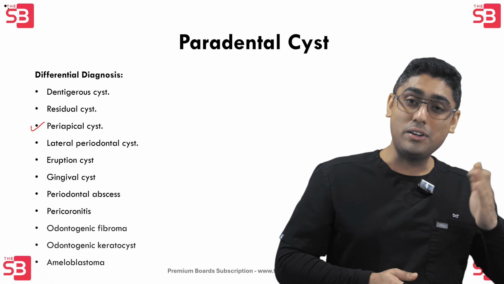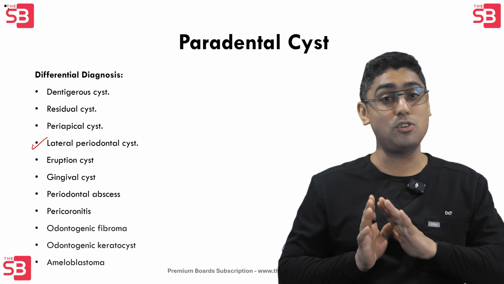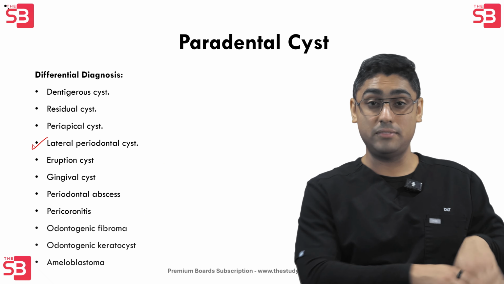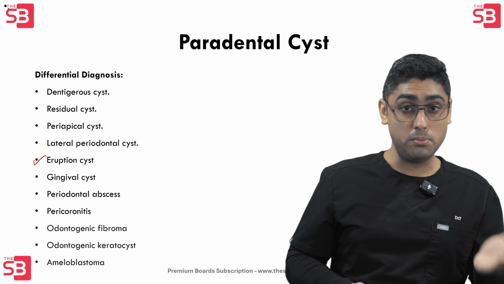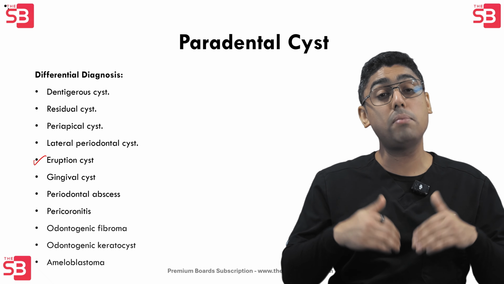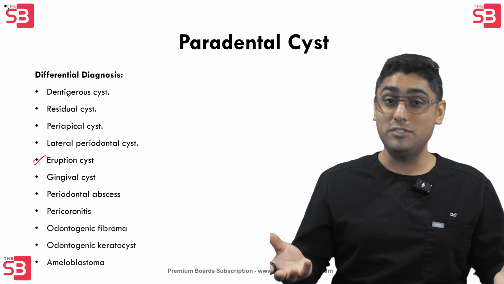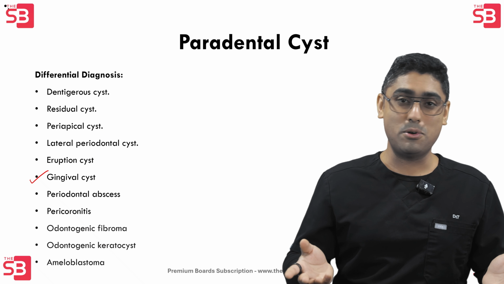A lateral periodontal cyst then runs along the root surface of a fully erupted tooth, and it's not related to eruption inflammation. Then we have eruption cysts, on the other hand, occurring in the soft tissues before a tooth emerges, while the paradental cysts are intraosseous and appear after partial eruption. Similarly, you also have gingival cysts, which are purely soft tissue lesions, and you don't see them on radiographs.